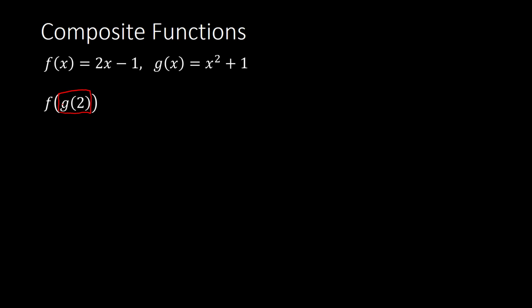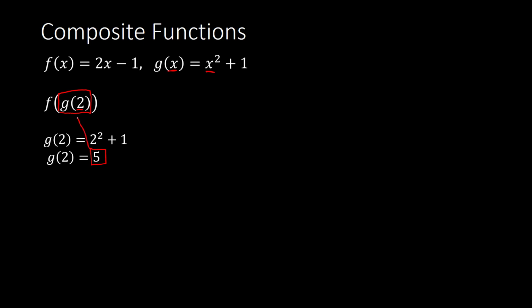Well, since it has the letter g, I'm looking at this g function right here. So all we do is we replace the x here and here with that 2. So instead of x squared, we have 2 squared plus 1, which is going to equal 5. So this whole expression, the whole g of 2 right here, can be replaced with a 5.